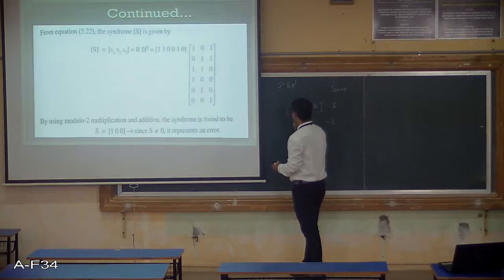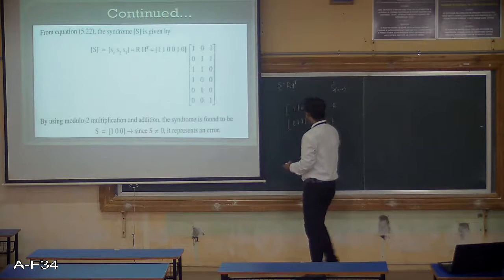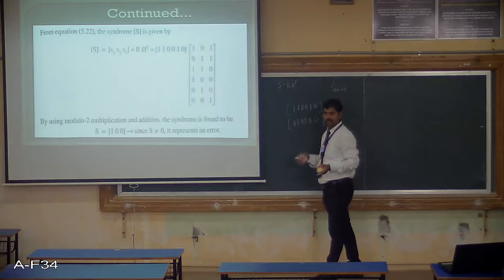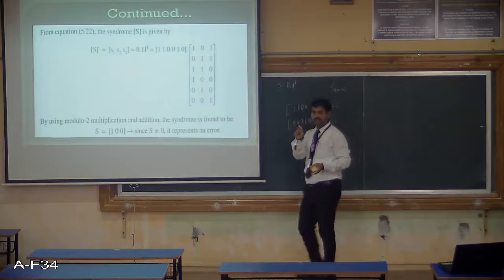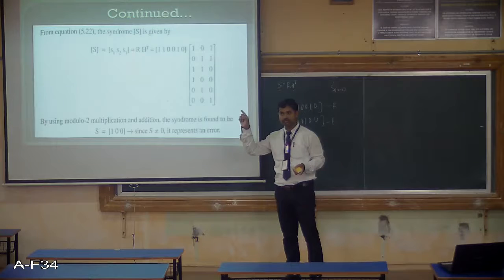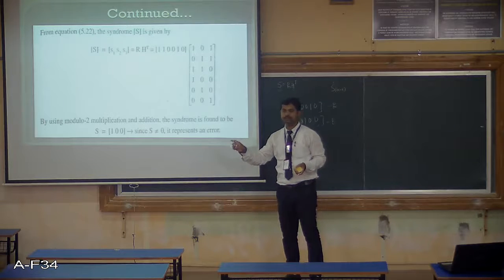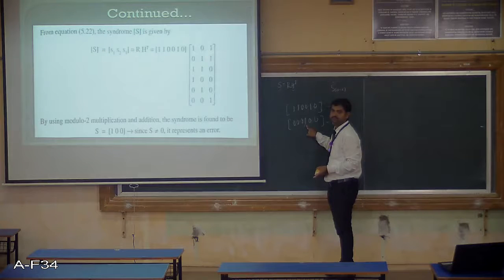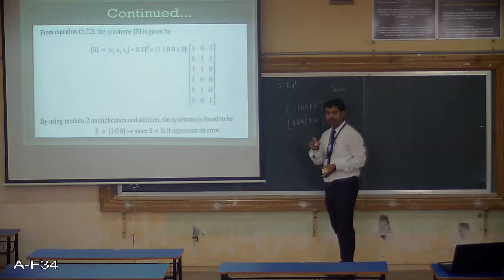Since the error is in the fourth bit, only the fourth bit is 1. You know the error matrix: Ei is equal to 1 if your R is not equal to C, otherwise it is 0. The fourth bit is 1 because the fourth bit has an error, because R4 is not equal to the fourth bit of the valid code vector C4.